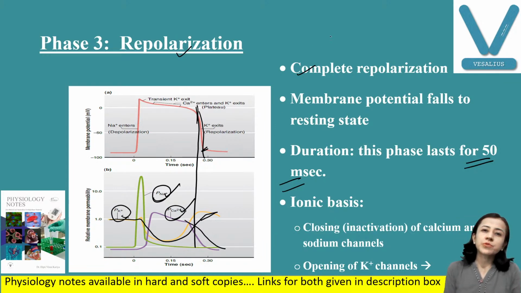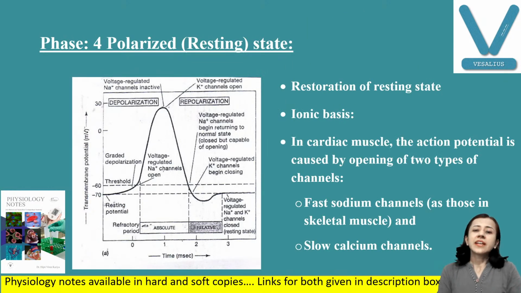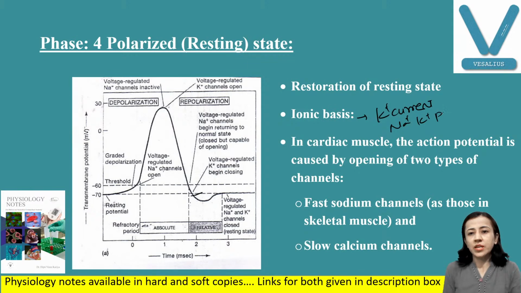As I told you, because potassium is an intracellular cation, potassium ions move out. Okay, fine. Next is resting state. Again the resting state is achieved because of exit of the potassium ion. Ionic basis of the resting state is resting potassium current and the sodium potassium pump. These two are the causes for resting state.